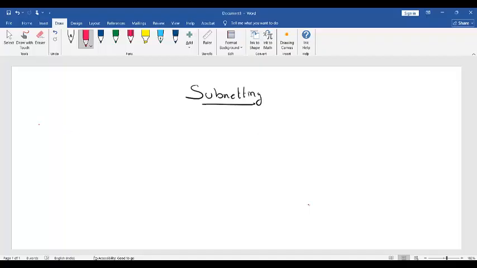Instead of giving a separate network, we'll just take a network like this, for example, 10.0.0.0. We will create subnets out of it, as many as we want.